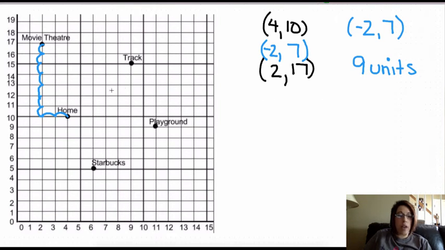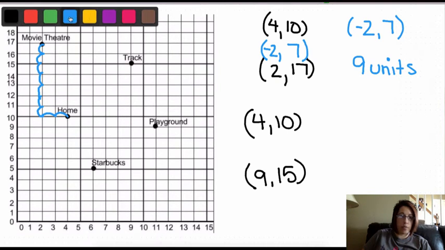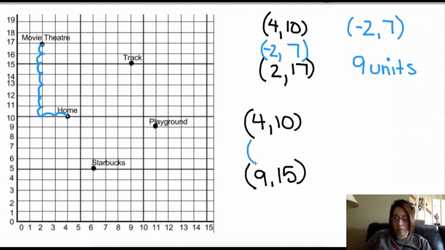Okay, this time let's look at going from home to the track instead. Home is at 4, 10. The track is at 9, 15. From 4 to get to 9 would be plus 5.